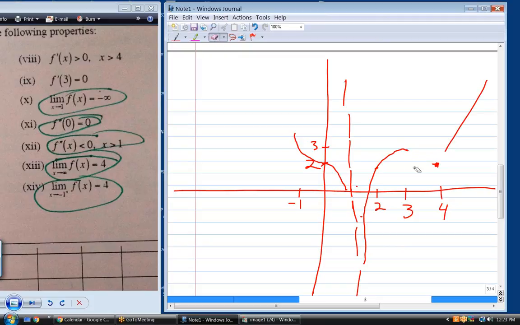Okay, so let's redraw this whole thing. I know it's going to be asymptotic with that line. I know it's going to go through 2. I know it's always going to be increasing. It's going to be flat at 3, and it's going to be concave down at 4.